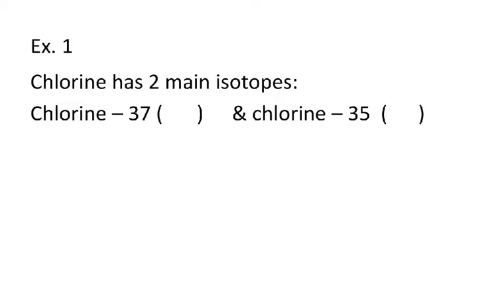Okay, now let's look at chlorine. Chlorine has two main isotopes. There's chlorine-37, which I will write, the way you're going to see it is this. And then chlorine-35. Now, each of them has a different percent abundance.